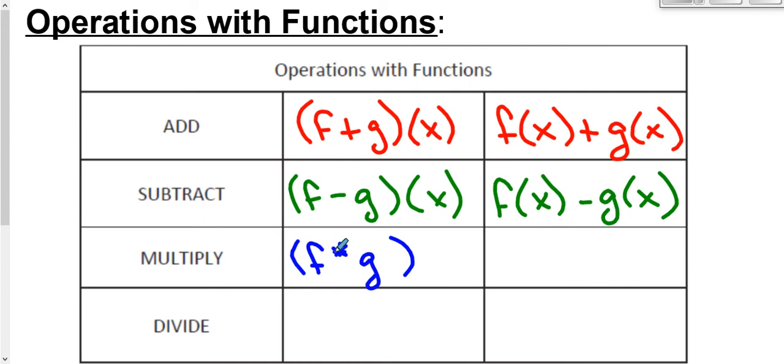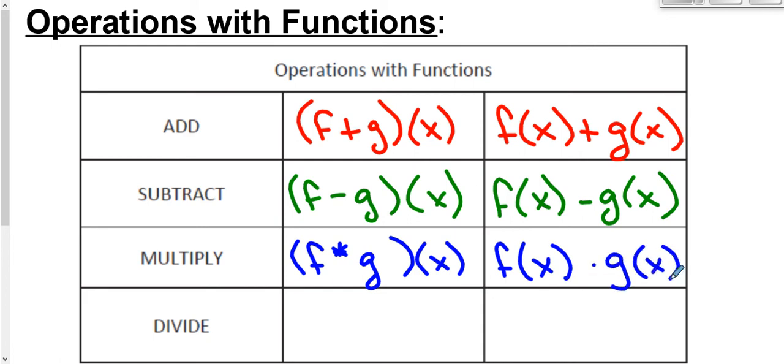It's just a slightly different notation that's a little bit less confusing when we're about to compare it with our composition notation. So f times g of x. And that means that we're going to take f of x and we're going to multiply it by g of x. So it means the exact same thing as the dot for a product, but the notation inside the parentheses will be easier if we consider it this way. So f times g of x.